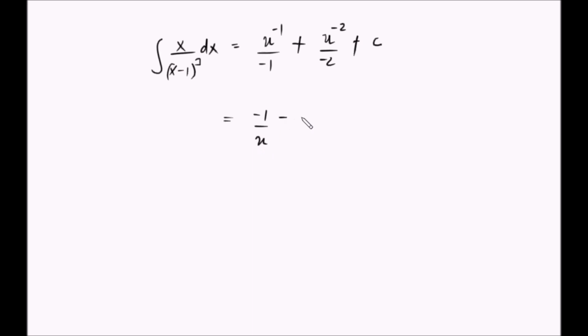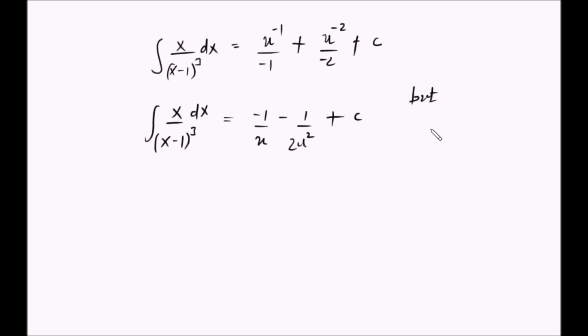So we have reached here: the integral of x over x minus 1 cubed with respect to x equals u power negative 1 over negative 1 plus u power negative 2 over negative 2 plus c. So you can write that as negative 1 over u minus 1 over 2u squared plus c. So that is how to integrate this.